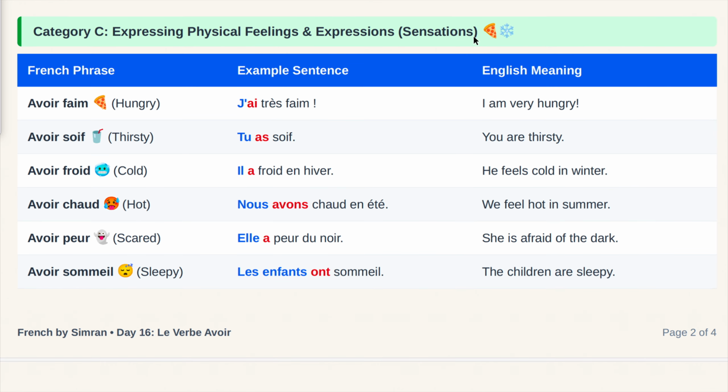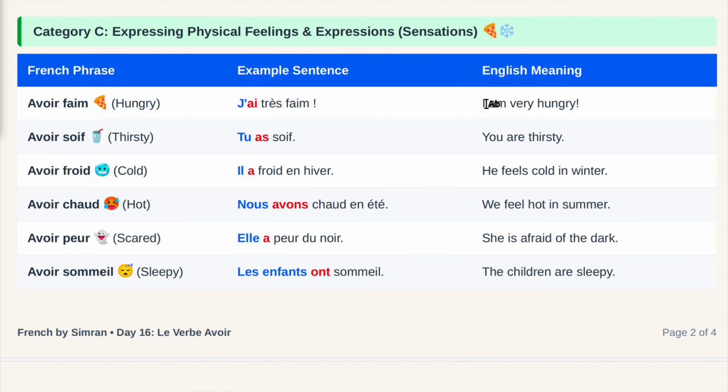So next is expressing physical feelings and expressions. I told you, if you are feeling something, your sensations, it is in the category of avoir. Now in English if you have to say "I am very hungry", "I am" is nothing but je suis, d'accord. But the twist here is it is not je suis, it is j'ai in French, because physical feelings and expressions are a matter of avoir.